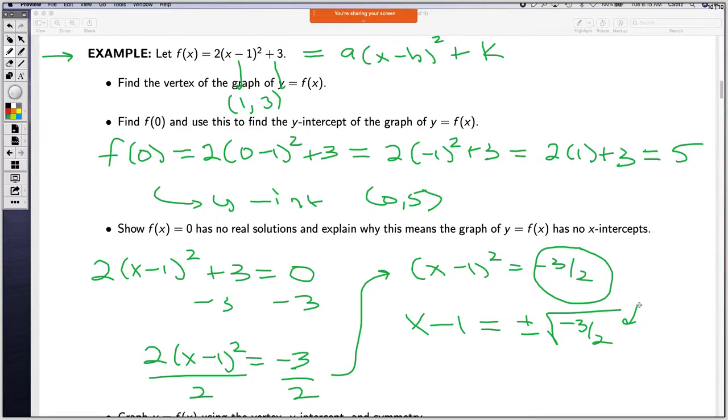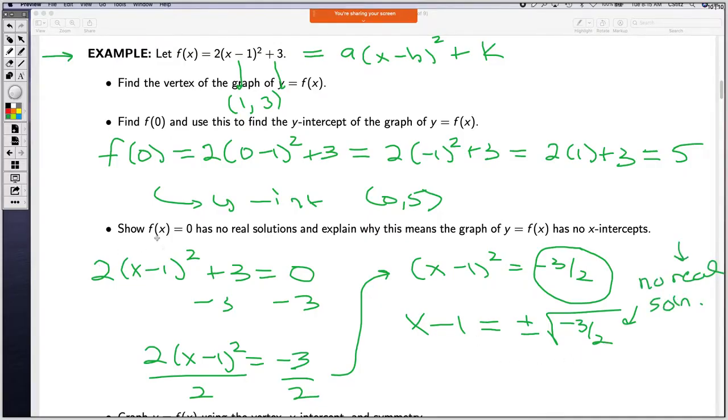There's no real number that you can square to get a negative number. In fact, you may remember that when you take the square root of a negative number, you get what's called an imaginary number. And we'll come back to imaginary numbers at the end of chapter 2. But for now, we just say there's no real solution here. No real solution, meaning no real number solution.